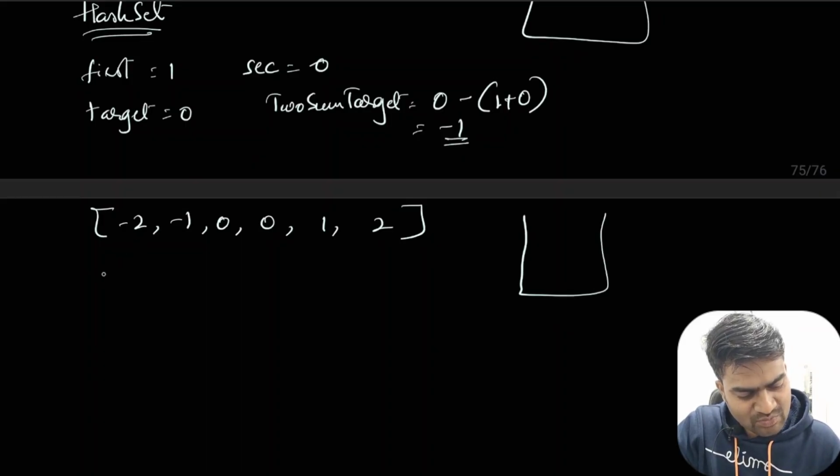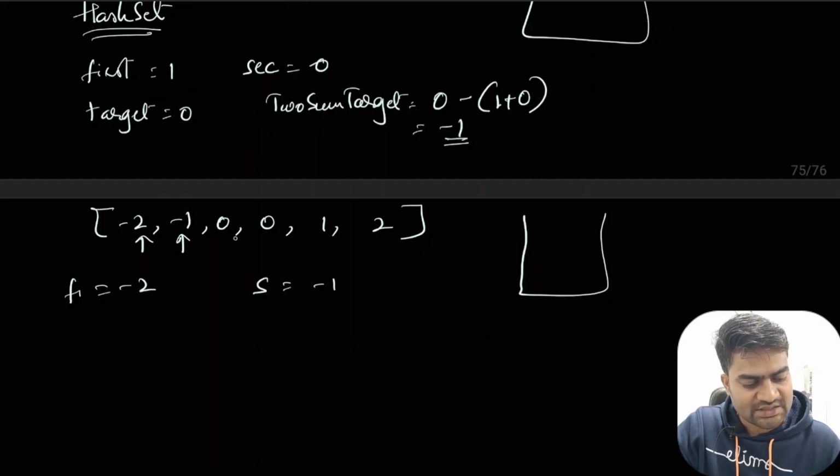So my first number will be -2. My second number will be -1. Then I will start from this number. If the first number and second number are these, then our target will be 0.